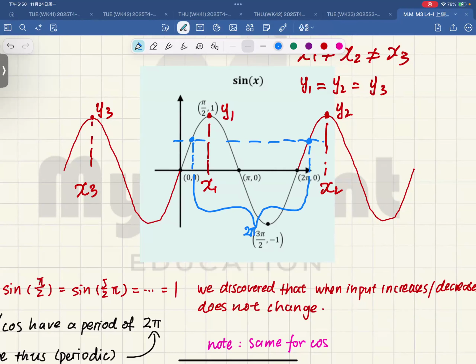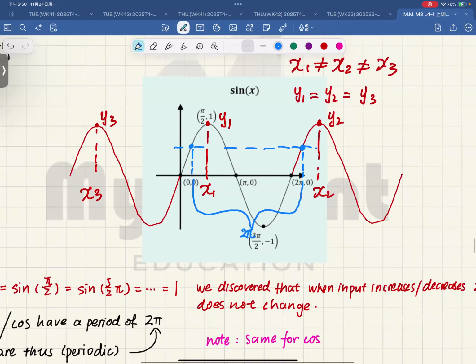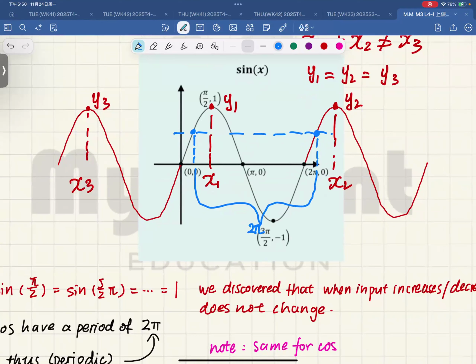So if this distance is x, sine x is equal to sine x plus 2 pi, because their y value is the same.